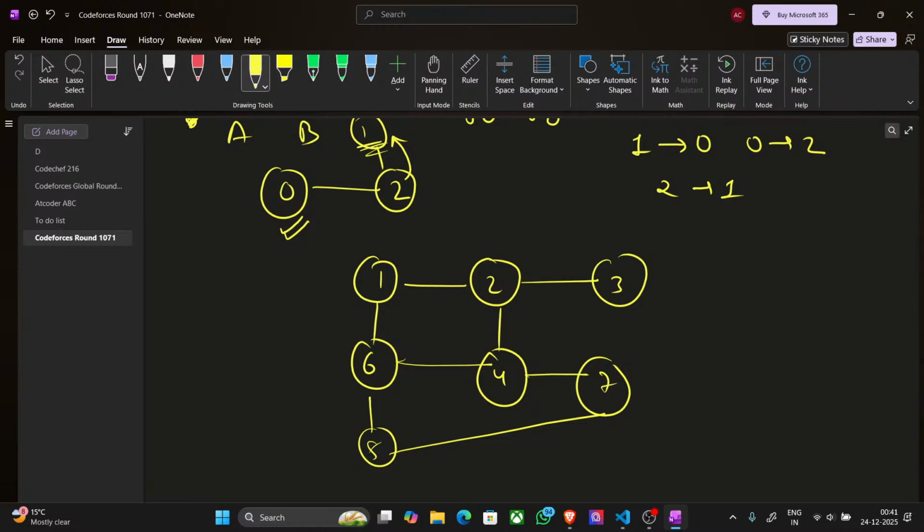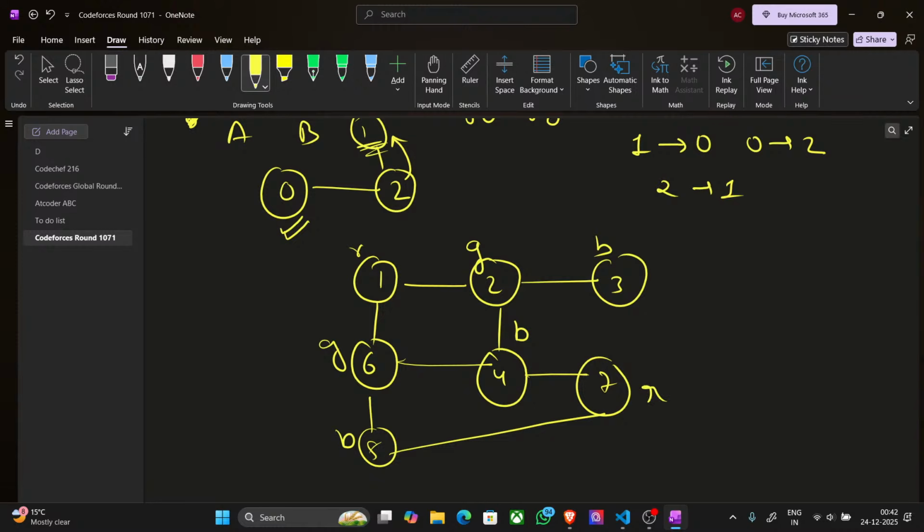Now I will run a BFS from 1. Currently 1 is distance 0, so it will be marked as red. Then its neighbor will be marked as green. Its neighbor will be marked as blue. Then its neighbor will be marked as red again, right?